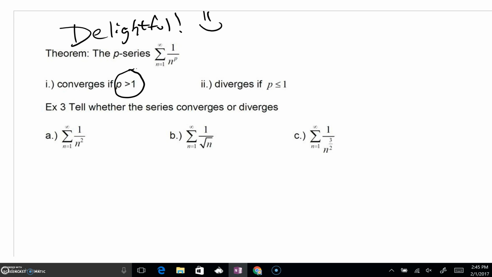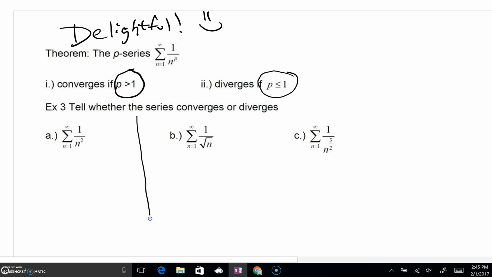It's justified, you're good to go. By way of comparison, if your power down below is equal to 1, or if it's less than 1, then your series will diverge. Plain and simple. Guys, it will take you a fraction of a second to look at these problems and know whether you get convergence or divergence.